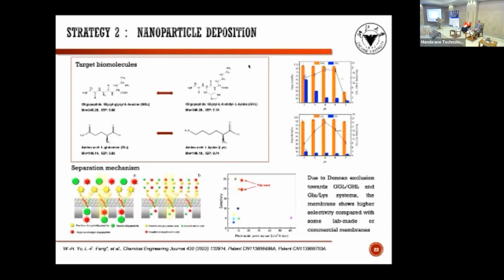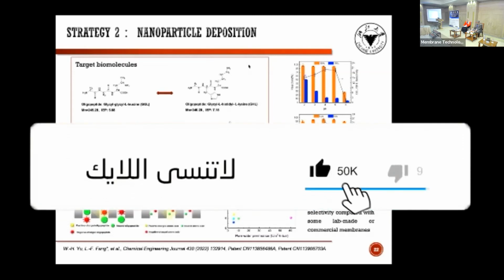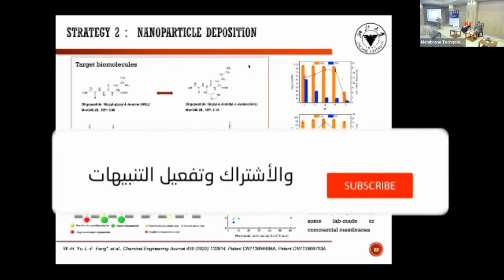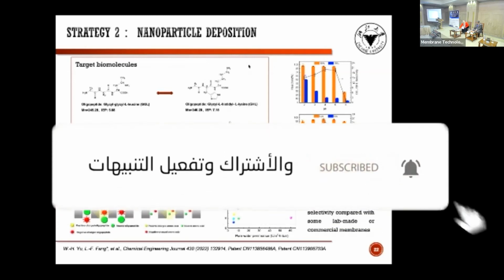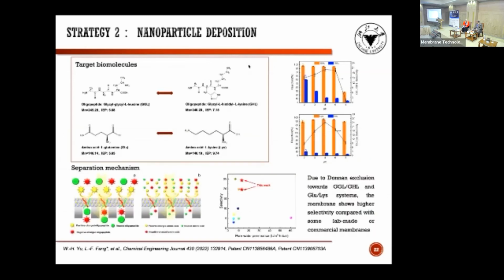The rejection of GGL gradually increases when the pH decreases, because GGL becomes positively charged in the acid environment, resulting in stronger Donnan exclusion and leading to a high rejection rate.